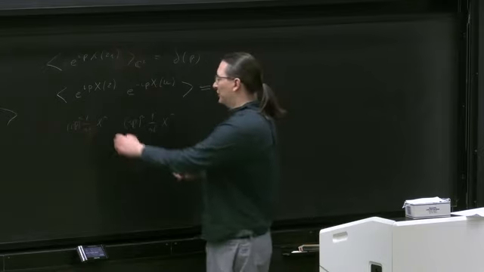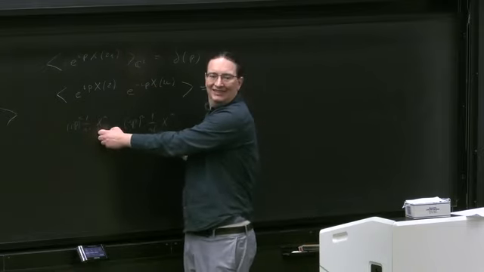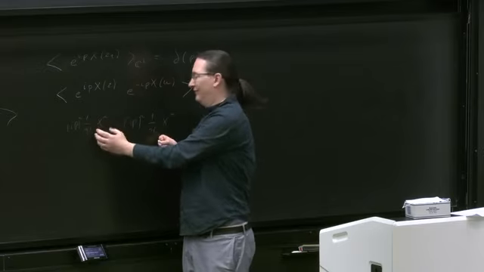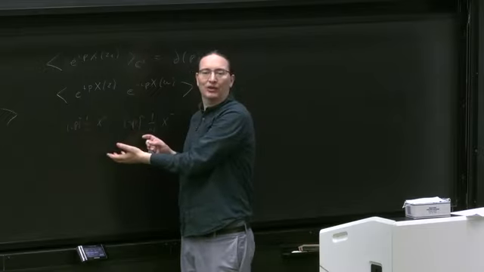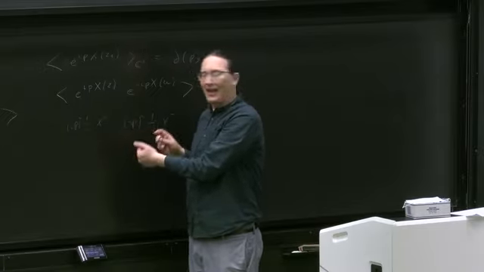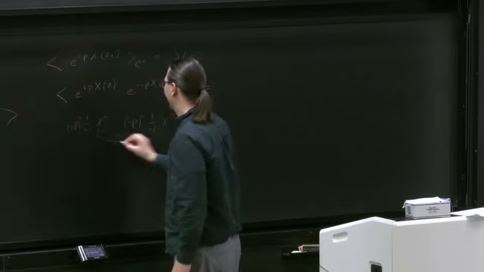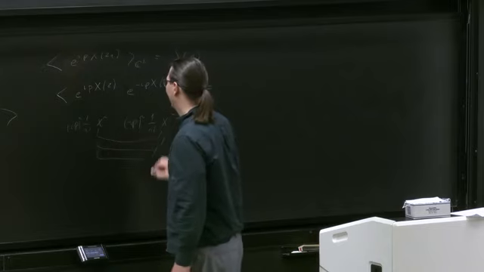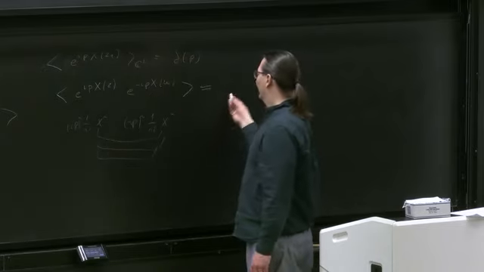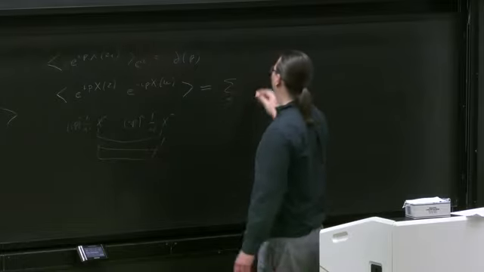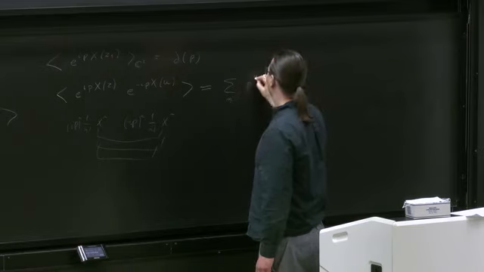And then I need to know which of these I contract with that. There is one possible term for each permutation. So I get n factorial terms when I start contracting. And so I get something like a sum over n, p to the 2n.